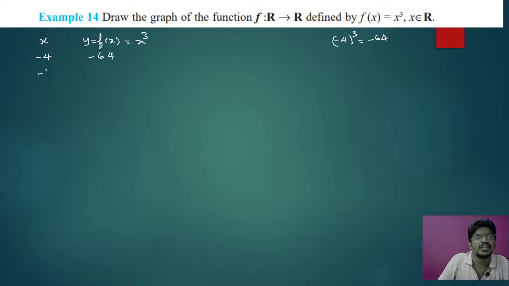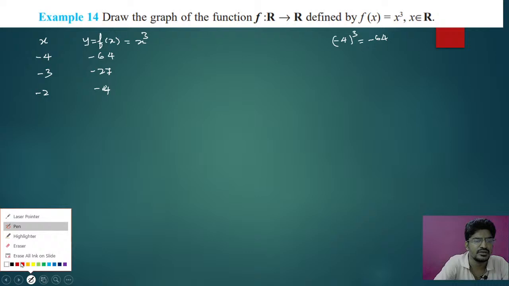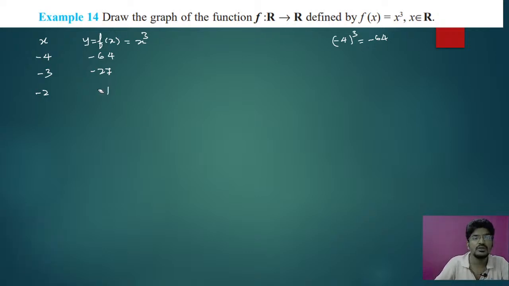Take minus 3, output will be minus 27. Next, minus 2, output will be minus 8.